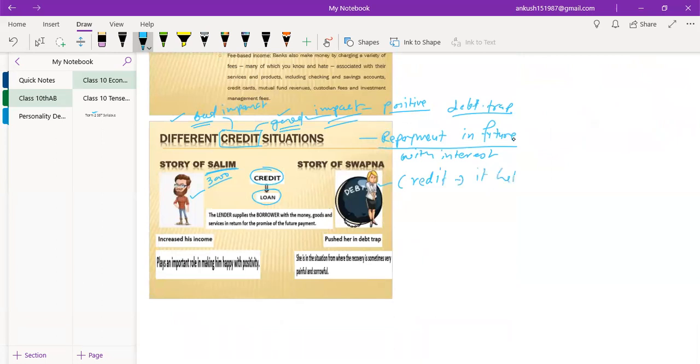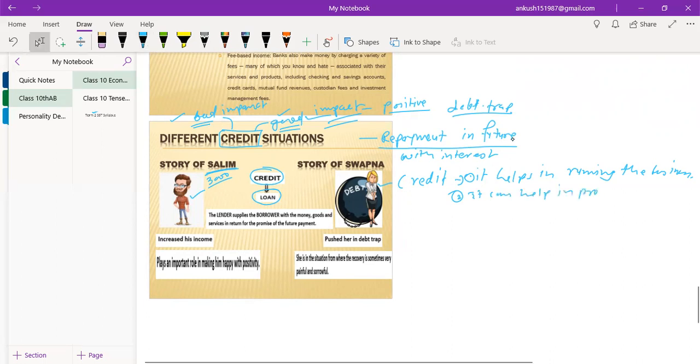It helps in running the business. First thing. Second, in the small scale industries, it can help in the production.